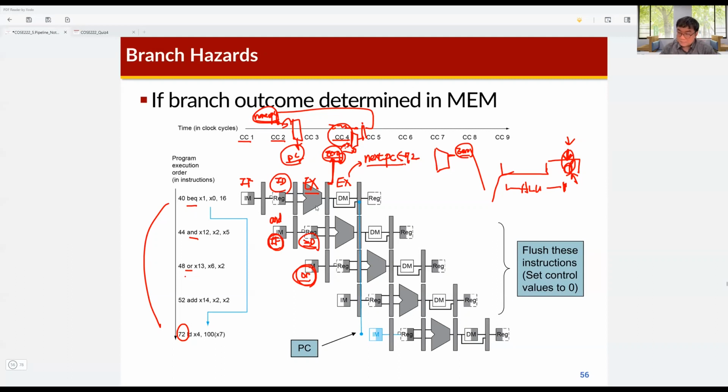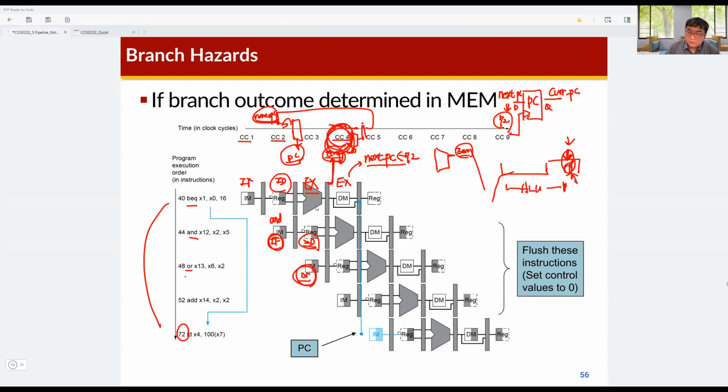It's the next PC. If we just see the PC register, this is D, this is Q, so this is the next PC and this is the current PC. So this is 72 at clock cycle 4.